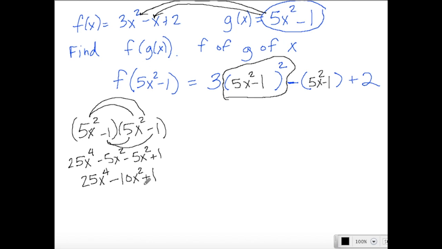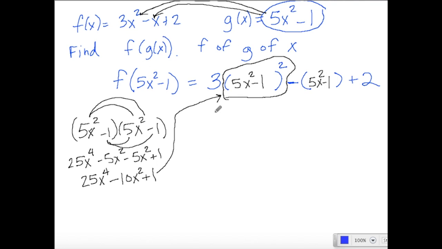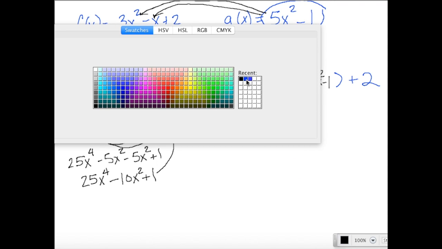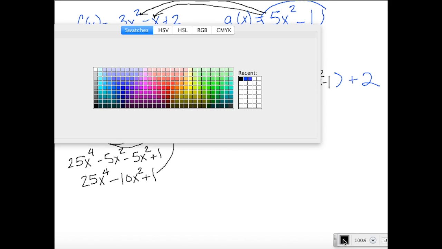Okay, so this right here is this blob circle here. Now, this blob circle here says that I'm supposed to multiply everything by 3. So I'm going to come over here, 3 times, let me switch back to my black, I think it really helps, 25x to the 4th minus 10x squared plus 1. Okay, and now I can go back to my blue.